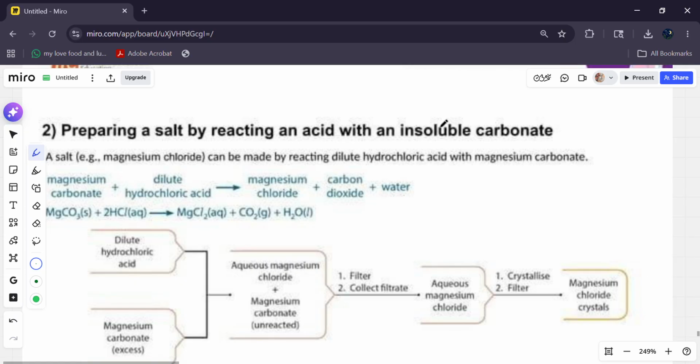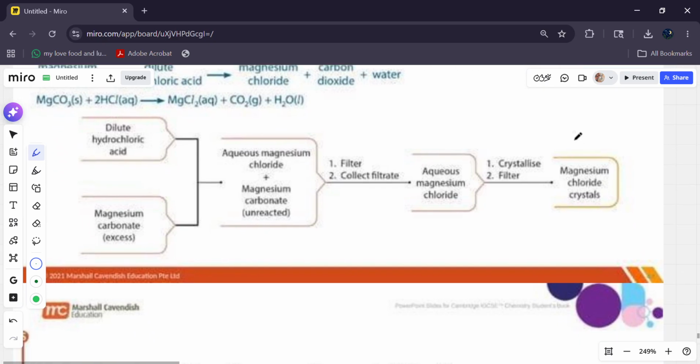We use the solid mixed in powder form and not in ribbon form, because powder reacts faster as it has higher surface area. When it's mixed together, aqueous magnesium chloride is formed and excess magnesium carbonate is filtered off. We collect the filtrate to produce aqueous magnesium chloride. So we crystallize, filter, and wash to remove impurities. We are left with pure magnesium chloride crystals.